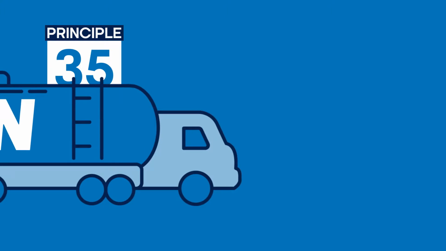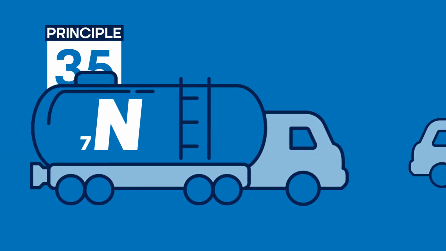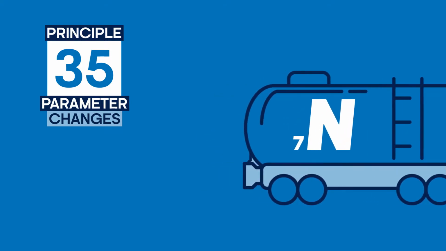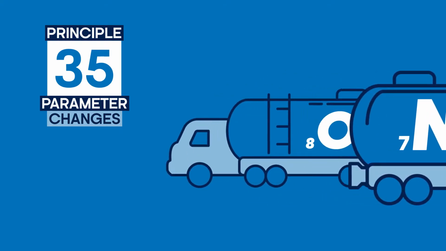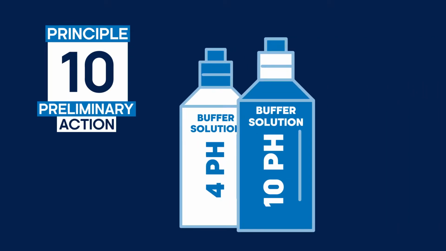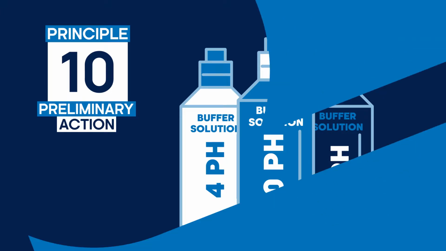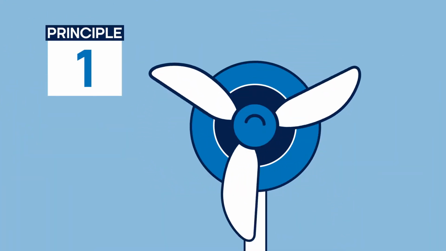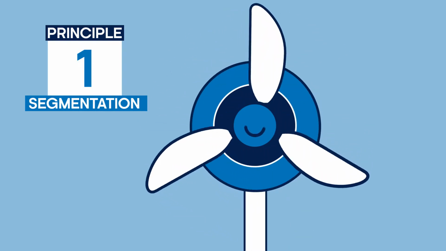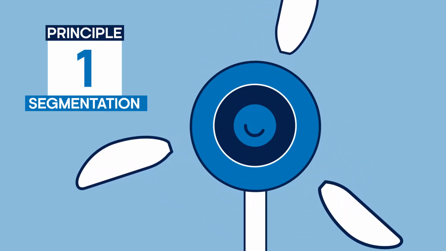For example, principle number 35 involves changing the physical state of the system. This is a principle applied to transfer nitrogen, oxygen, and other volatile gases over road. Principle 10 suggests preliminary action, such as buffering acidic solutions to avoid harmful effects. Principle 1 involves segmentation, breaking a large part into several smaller parts or steps for transport, assembly or convenience.